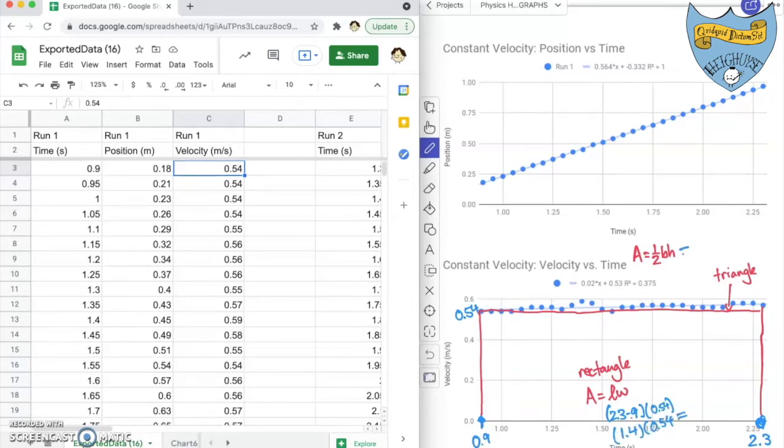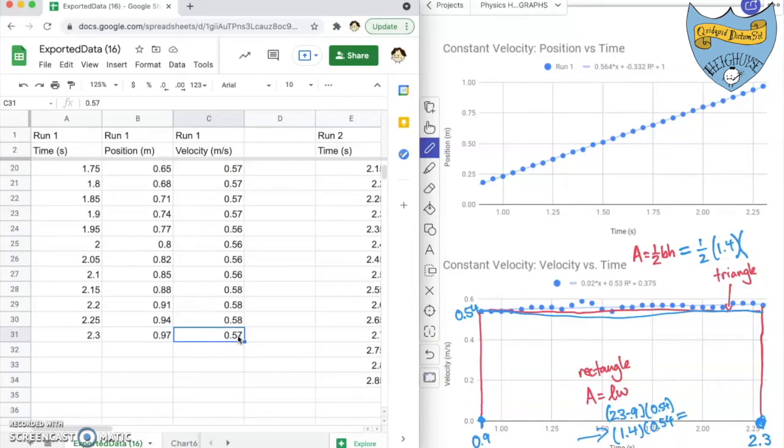First, let's go ahead and figure out what we're going to plug in for 1/2 base times height. The base of the triangle is, well, it's this thing, right? Which is the same as what I just figured out down here. The rectangle and the triangle have the same base, so 1.4. And then the height is going to be based on whatever the final velocity is for that interval.